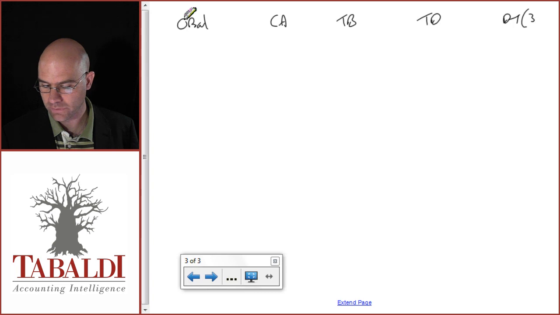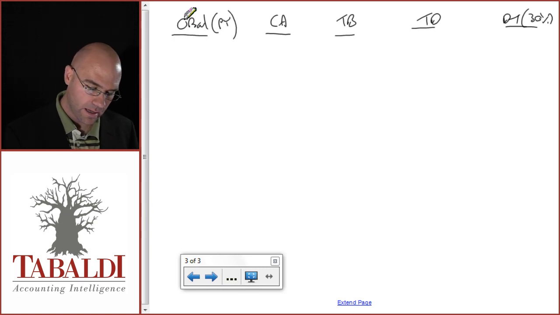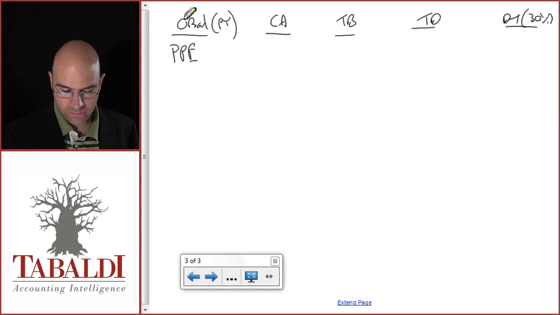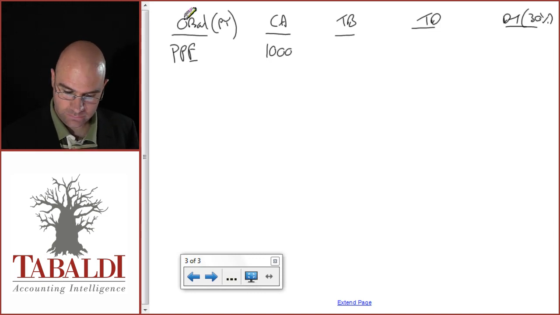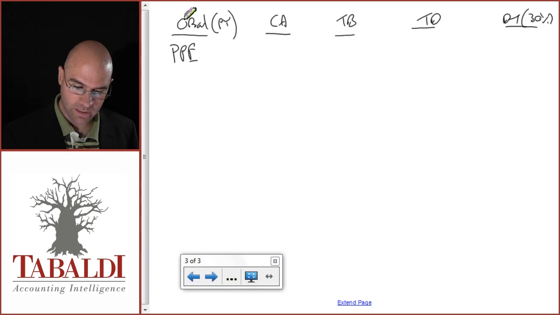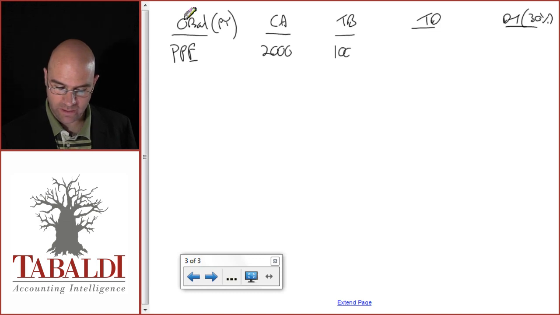Let's assume for now that we're going to stick to 30%. And let's say prior year's deferred tax balance was as follows. We had an item of PPE with a carrying amount of, let's actually make this a little bit more interesting, 2,000, and last year the tax base was 1,000.